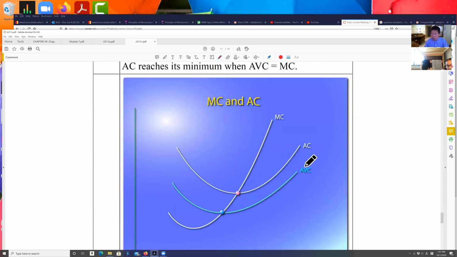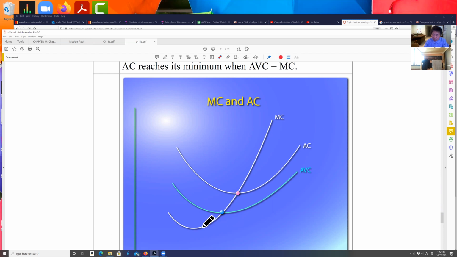Here is the relationship between marginal cost and average cost. And all of these three curves are U-shaped, and marginal cost goes through the bottom of AC and also the bottom of AVC.